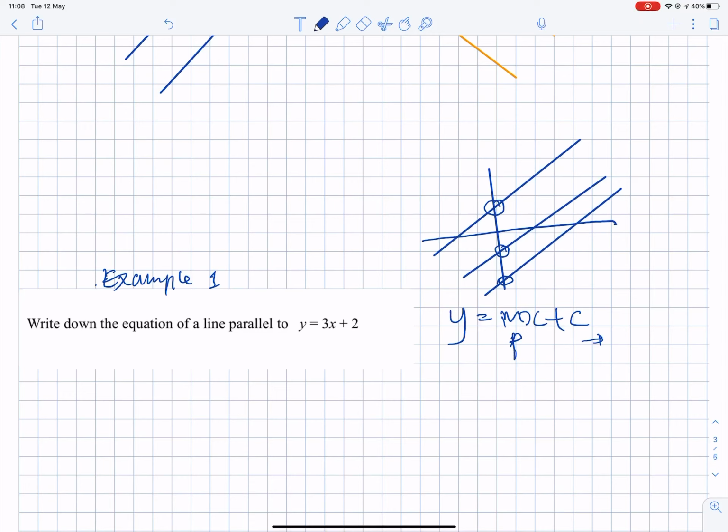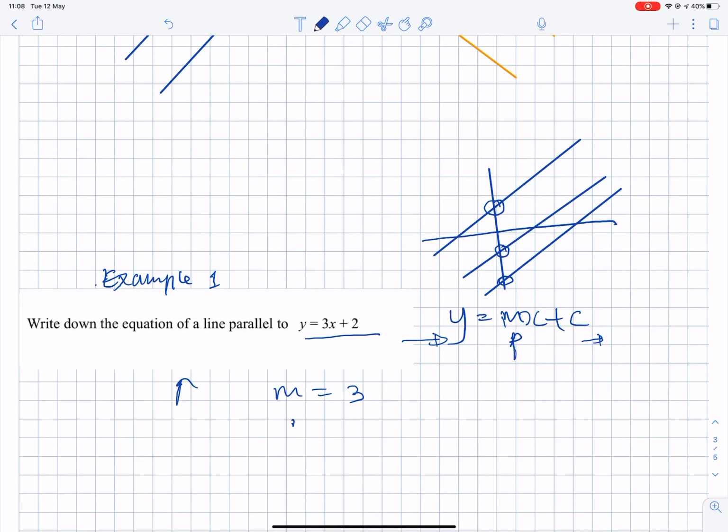Okay, let's do this example. Write down the equation of a line parallel to y equals 3x plus 2. So comparing with the equation of the straight line, our m is equal to 3. There are an infinite amount of parallel lines. You could choose anything. I will do 3 examples for you, and you can think of others.